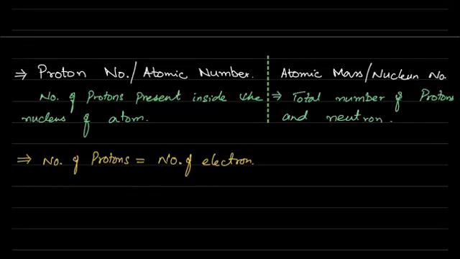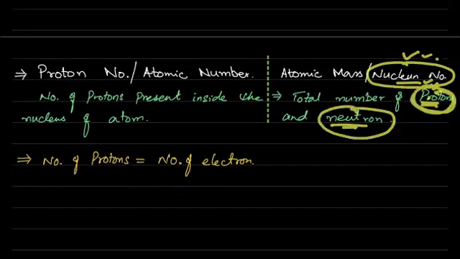Why do we call it nucleon number? Because protons and neutrons are the particles present inside the nucleus of an atom. Or in other words, nucleon number tells you the total number of particles present inside the nucleus. So we call it nucleon number.